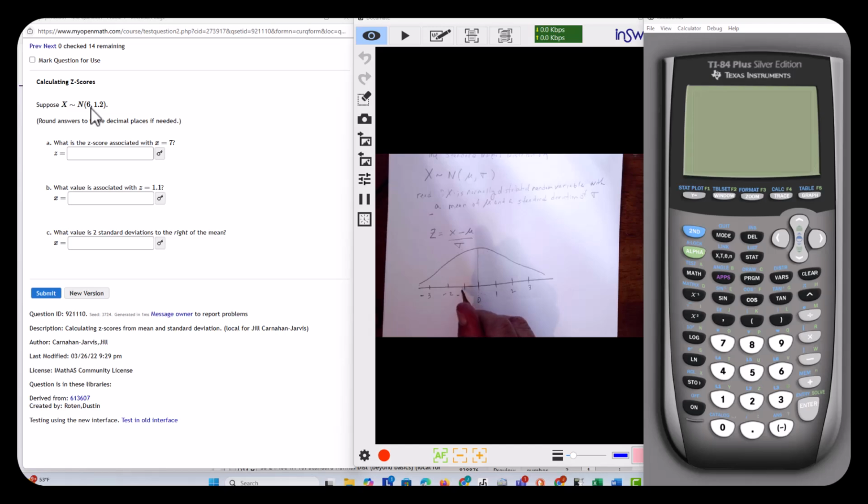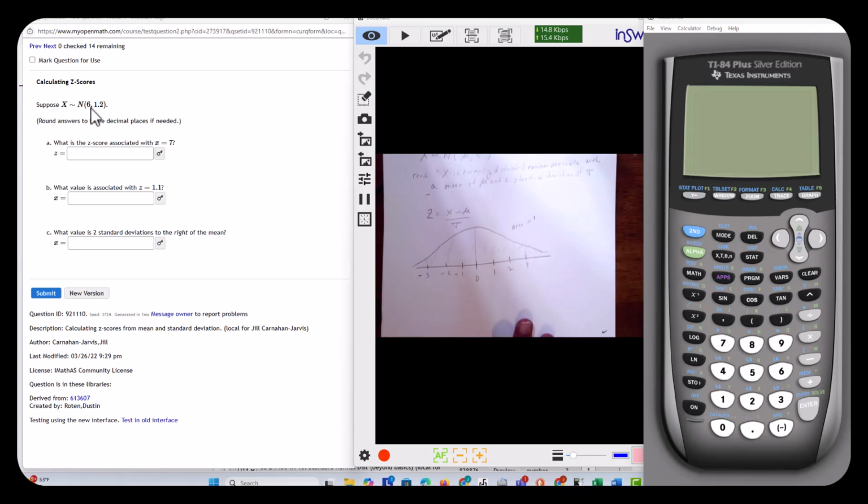And then a z-score of -1 means that the value you're calculating for x is 1 standard deviation to the left of the mean, and then 2 to the left, and 3, and so on. Theoretically, these tails never touch the number line. The total area under this curve is 1. And the area between here and here is 99.7%. Those areas correspond to probability.